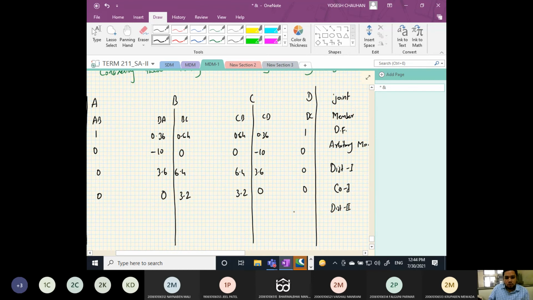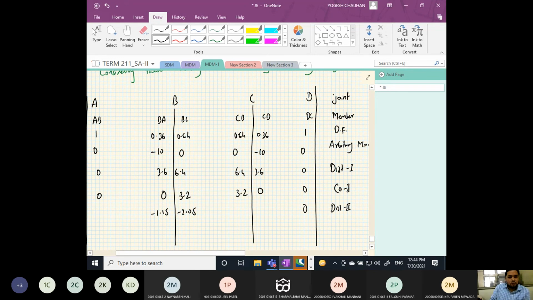Then distribution 2. This cannot be carried forward here. The distribution moment is 0 here. So 3.2 into 0.36, that will be minus 1.15, and then it is minus 2.05.